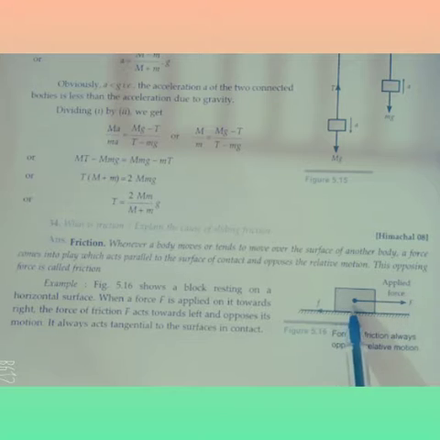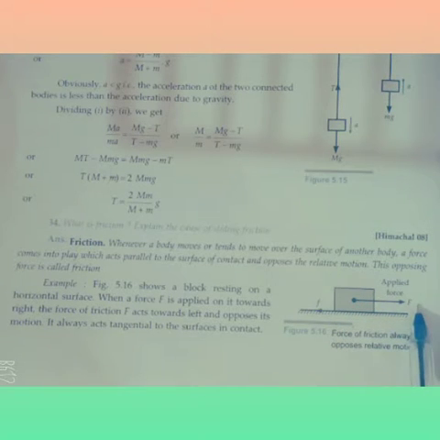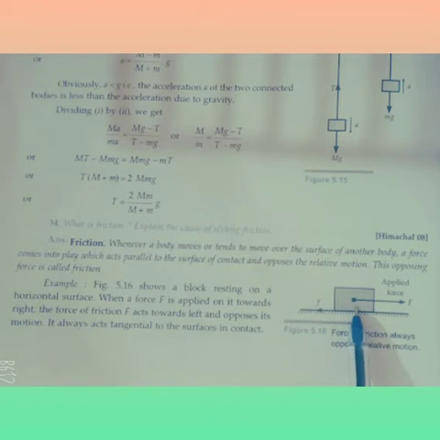So when a force F is applied towards the right, the force of friction acts towards the left and opposes its motion. It always acts tangential to the surface in contact. The direction of the opposing force of friction is opposite to that of the applied force.